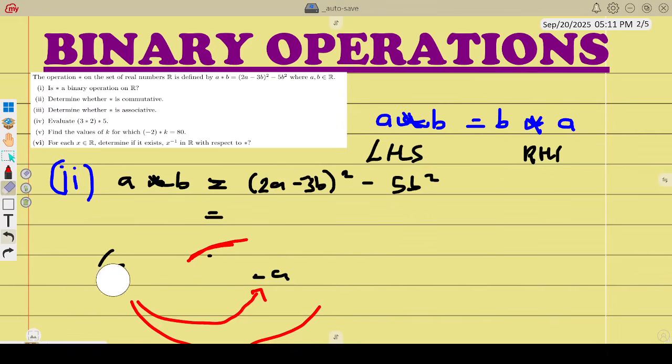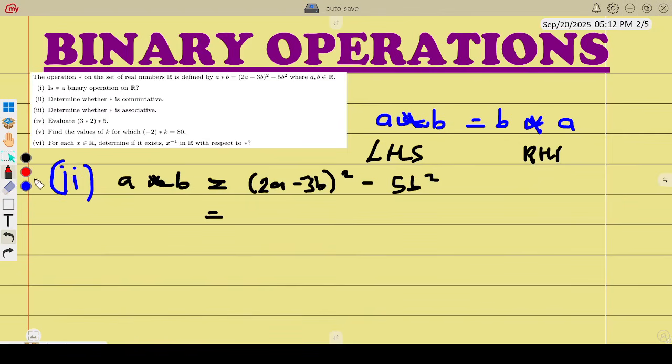You can do that on your own. I also showed you a shortcut in the short video labeled Math Mega Tips, which shows how to do this quickly, and that's the method I'll use. To expand here, what is 2A times 2A? It is 4A squared.